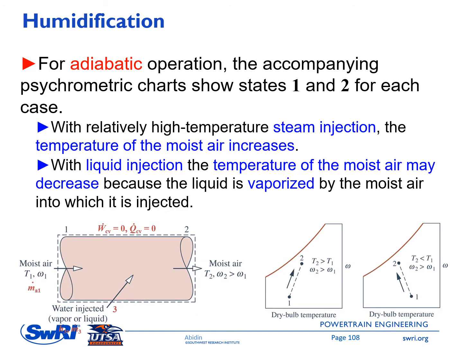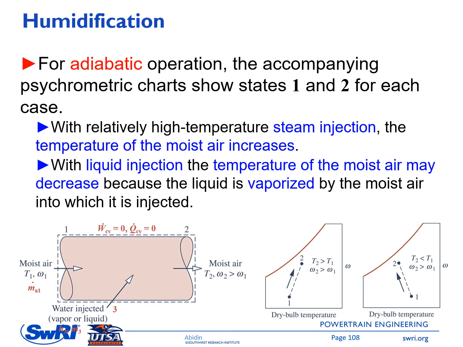If we inject steam, the temperature of the moist air will increase, while if we inject liquid, the temperature of the moist air may decrease because the liquid is vaporized by the moist air into which it is injected. On the bottom right are the two psychrometric charts.